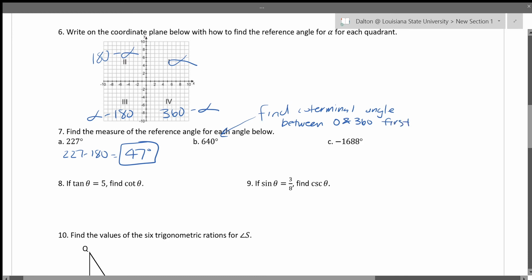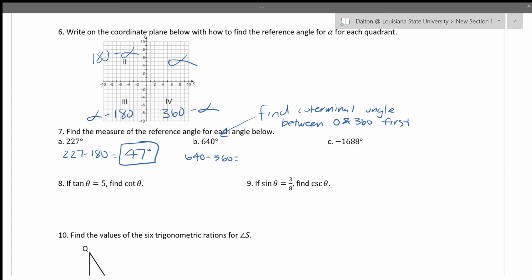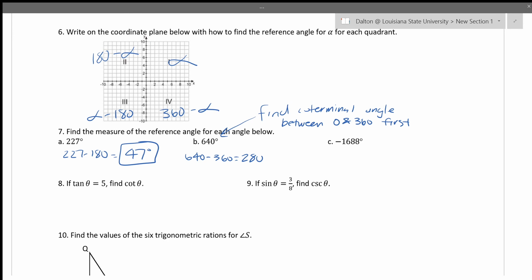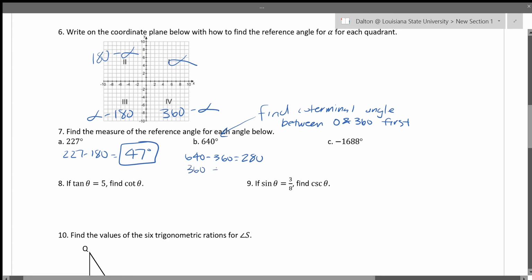Okay, so if I do that, that means I'm just going to take 640, I'm going to subtract 360. And that's going to get me 280 degrees. Okay, 280 degrees is in quadrant 4. So if I follow the rules for quadrant 4 reference angles, I'm going to take 360 minus 280 degrees, which is going to give us 80 degrees.